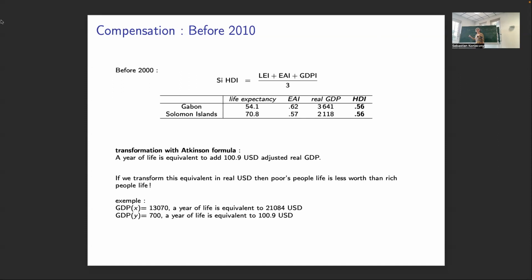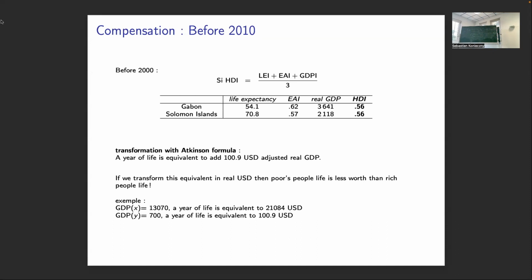And let's remember, we said that it is very normal to have a transformation which will not be linear. We will be very, very angry with very rich countries, and we will use the LN transformation or the Atkinson transformation in order to decrease a little bit the importance of this GNI. And it was a good thing to do, I think.